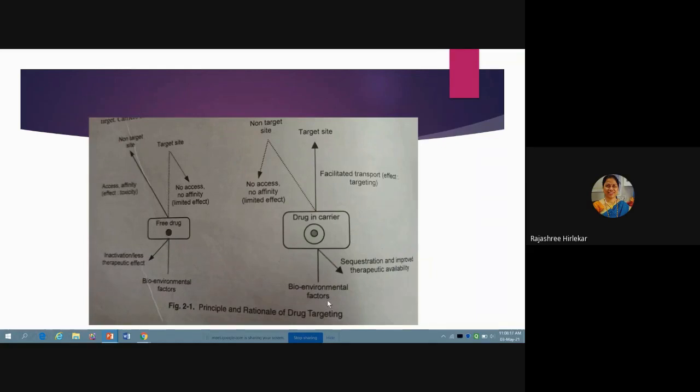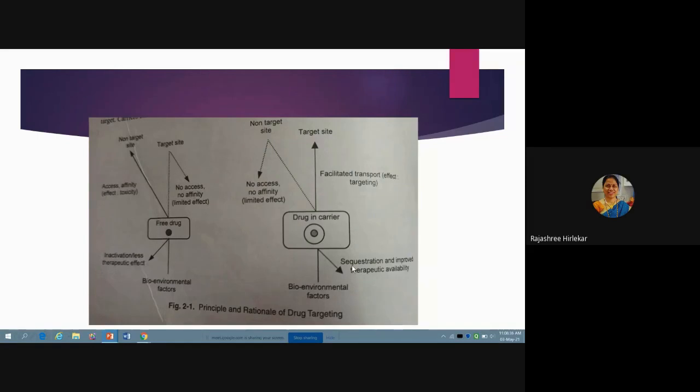Now, in the case of a drug carrier system, your drug is present in a carrier system. This carrier system doesn't get affected by the bioenvironmental factors. Why? Because of the sequestration and improved therapeutic availability. For example, you just said enteric coating.